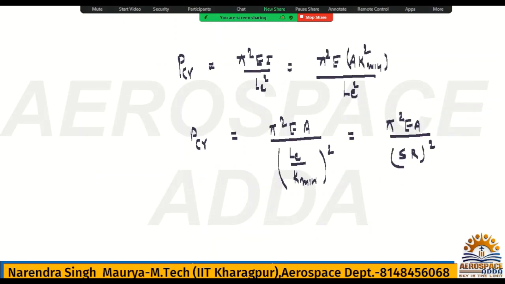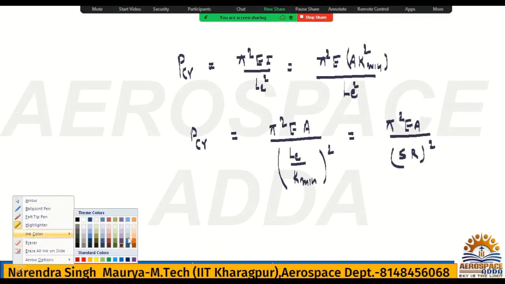LE is the length and K is the least radius of gyration, so this ratio is called the slenderness ratio.